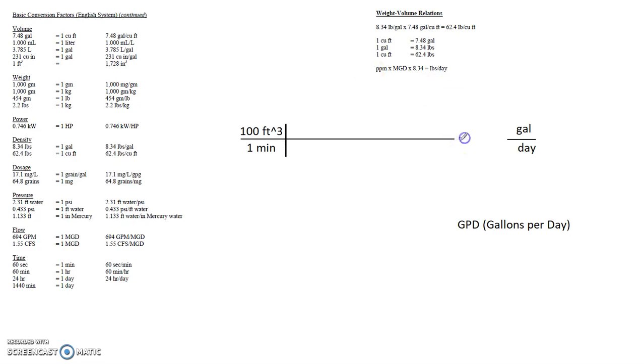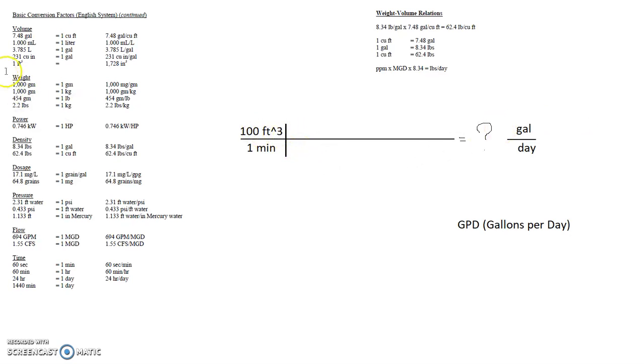So we say equals, we don't quite know how many gallons per day. All right, no problem. So we can choose one of these to convert. We want to get into gallons as our unit of volume.